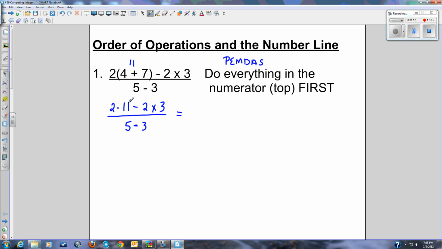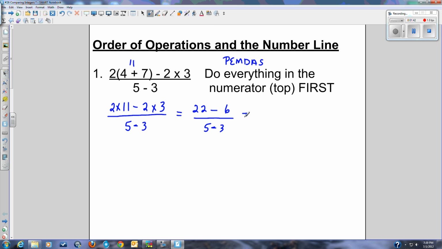We have multiplication, subtraction, and multiplication. Well, we need to do multiplication first. That comes before subtraction. 2 times 11 gives us 22, and 2 times 3 gives us 6. So we'll put the subtraction sign in between, and we still have 5 minus 3 in the denominator.